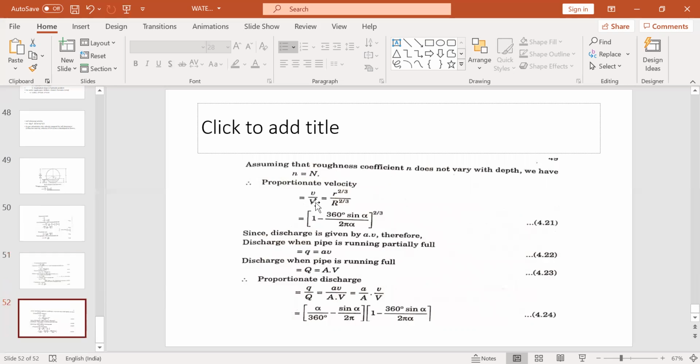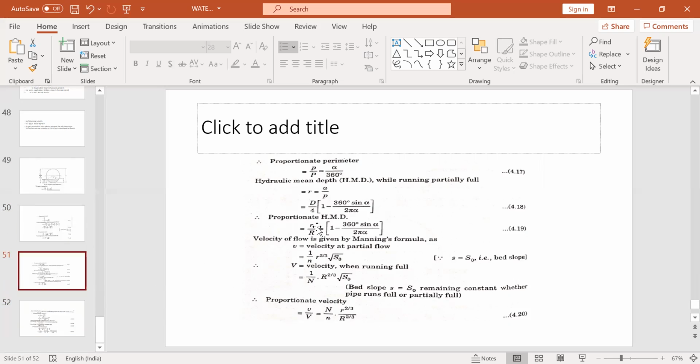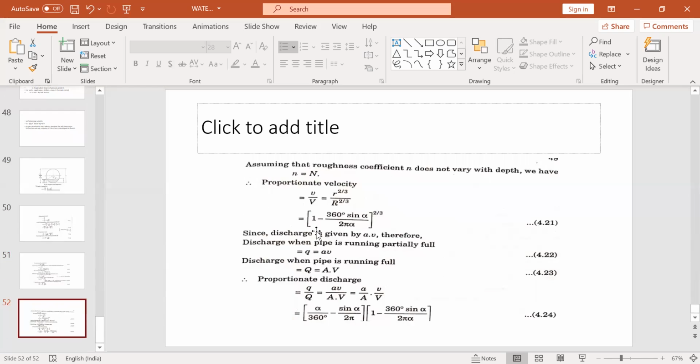Already we have found this proportionate hydraulic mean depth as this value. So proportional velocity will be this value to the power 2 by 3. So small v by capital V will be equal to 1 minus 360 degrees sin alpha by twice pi alpha, to the power 2 by 3.